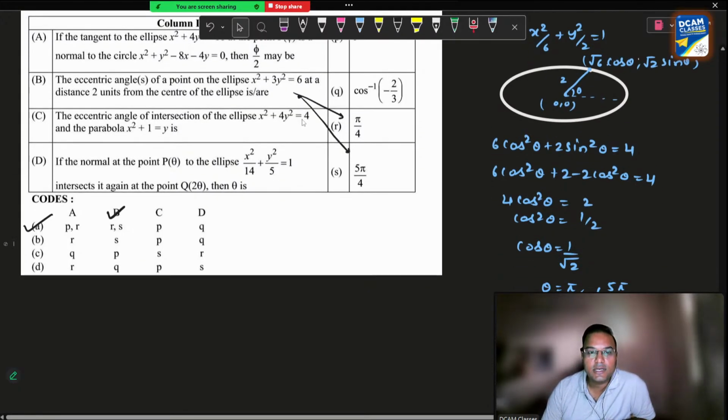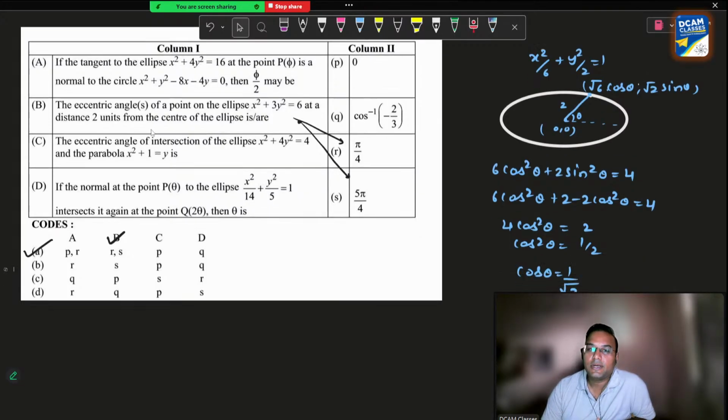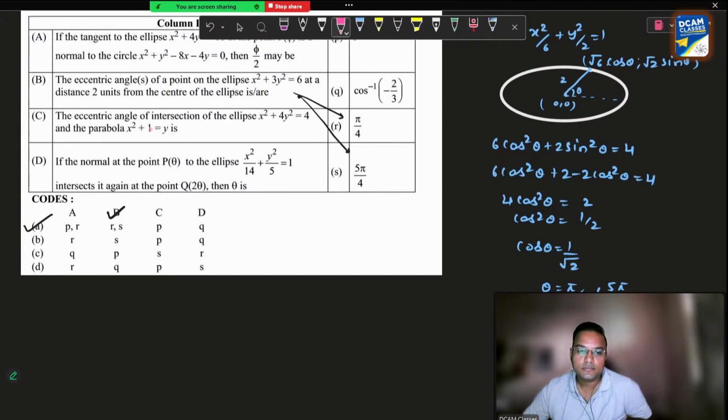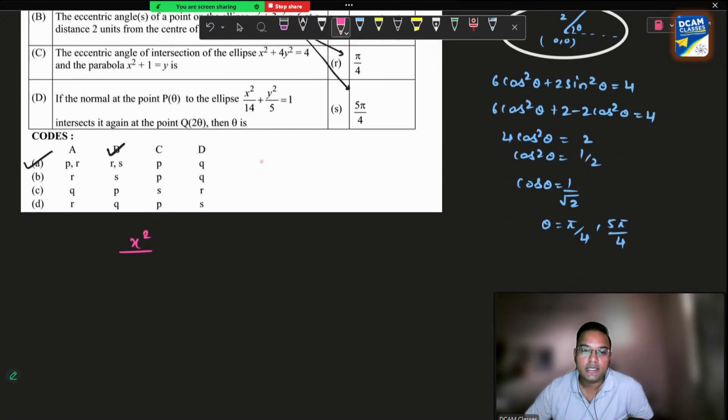If the tangent to the ellipse at the point is a normal to the circle, then it should be radius. See how we'll do it. We'll assume a point on this ellipse. Given ellipse is x squared by 16 plus y squared by 4 is equal to 1.